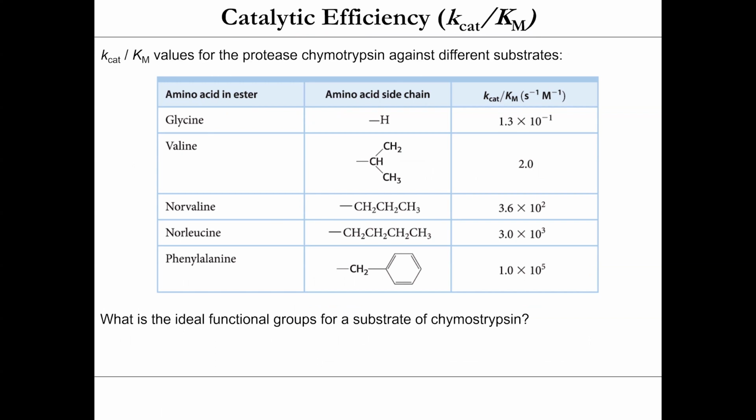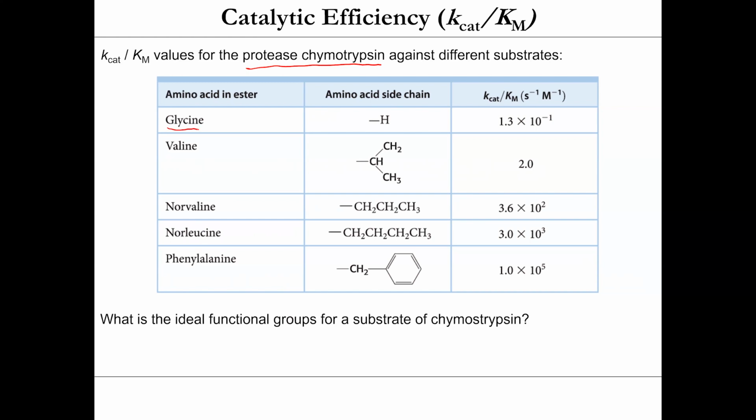And so here we can see how useful that measure of kcat over Km, that catalytic efficiency, is to determine what substrate is ideal for a particular enzyme. We have a table here that shows kcat over Km values for the protease chymotrypsin, which cleaves those peptide bonds in a polypeptide chain, against different peptide substrates.